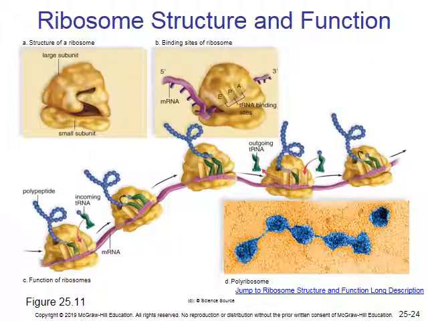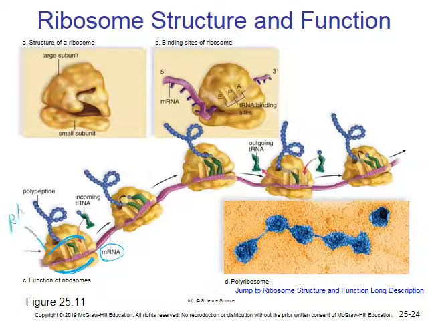Here's the big picture, and then we'll kind of go into more detail. I want you to see the messenger RNA is being threaded between the 2 ribosomal RNAs. So we have ribosomal RNA kind of clasping its hands around the messenger RNA, and every 3 letters of the messenger RNA is being read.